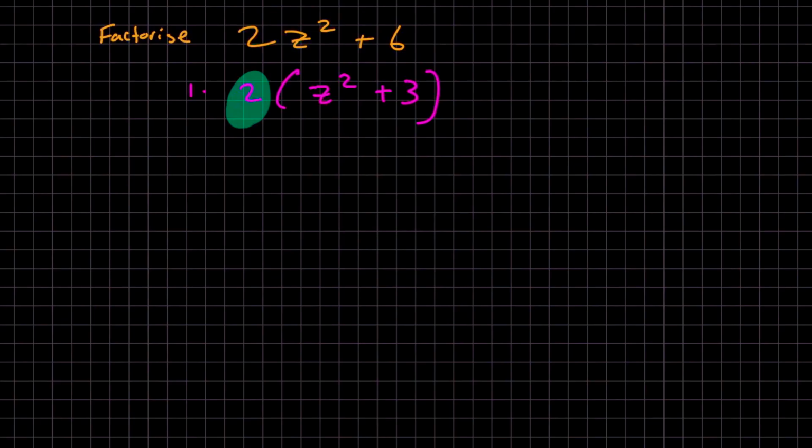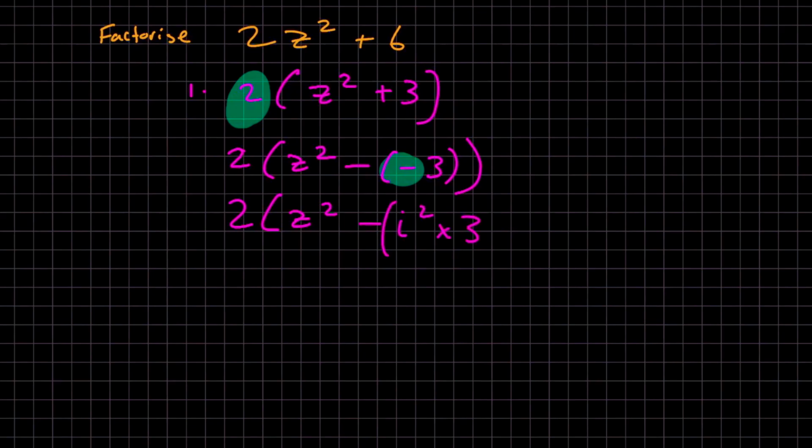Okay, so let's continue. Just like before, we can rewrite our z squared plus 3 as z squared minus negative 3. We also know that our negative 1 here can be rewritten as i squared times 3. So this can be rewritten as 2 times z squared minus 3i squared.